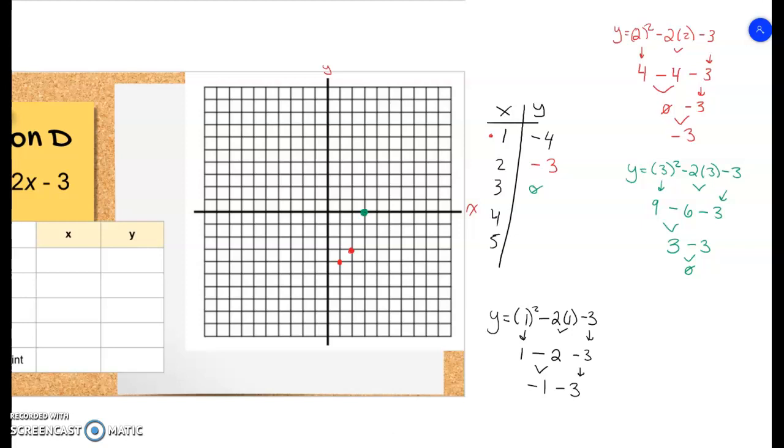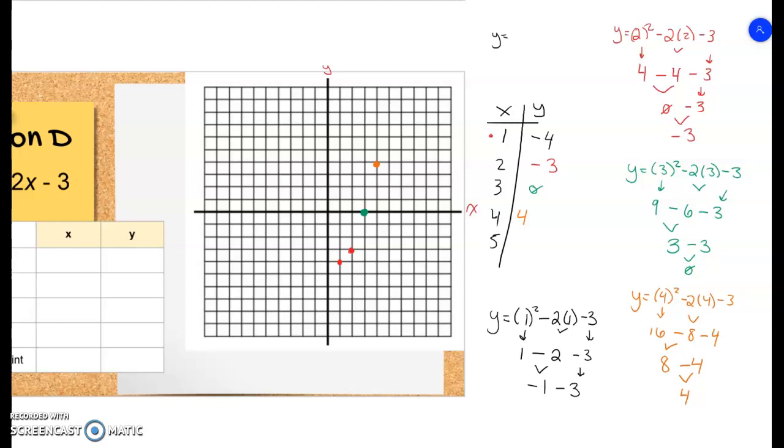Now I'm just going to continue on with 4, doing exactly the same process. 4 squared is going to give me 16. 4 times 2 is negative 8. Or sorry, negative 2 times 4 is negative 8. 16 minus 8 is 8. 8 minus 4 is going to give me a 4. So I have 4, 1, 2, 3, 4. And then I have 5 left here.